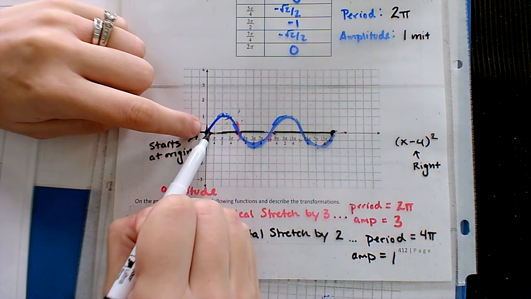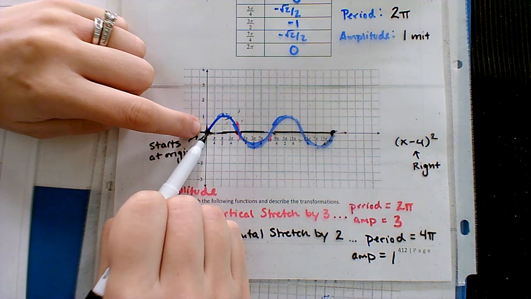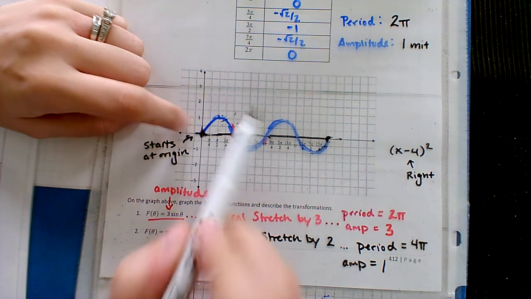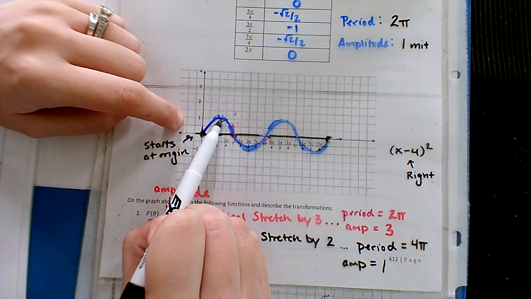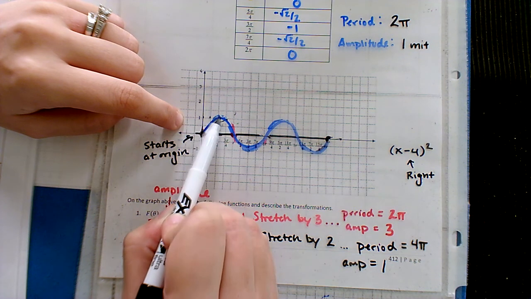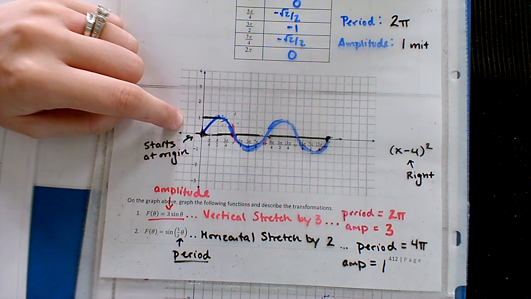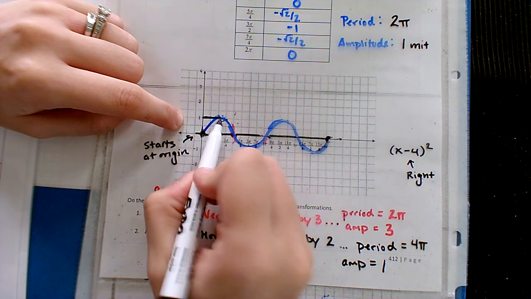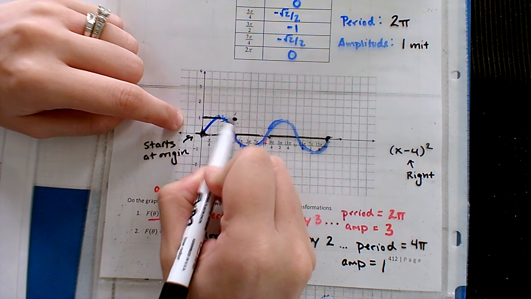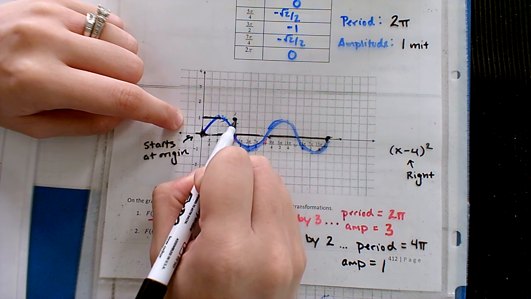So the first point on the blue graph at the origin basically stays at the origin because it's starting with a value of 0. The next point, the easy point I think we'd be able to use, is at the very top. And that very top point is 2 units away from the y-axis. So if we double 2, this point should now be 4 units away. So this point is moving here.